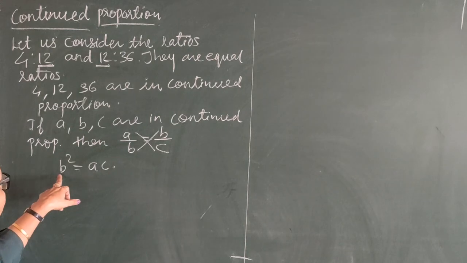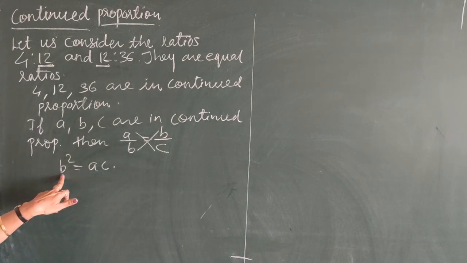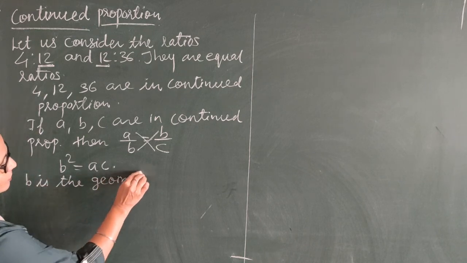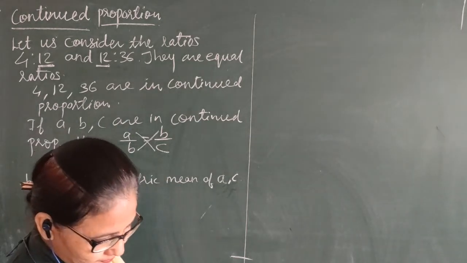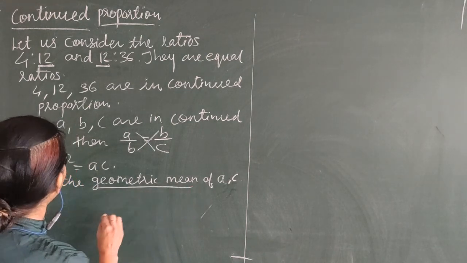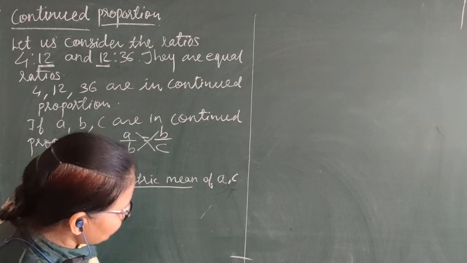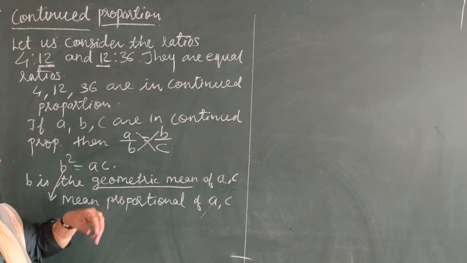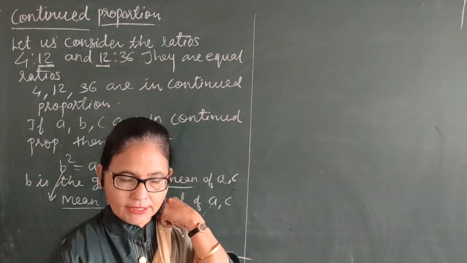Also, you can say that B is the geometric mean of A and C. And this geometric mean is also called the mean proportional of A and C. So continued proportion, geometric mean and mean proportional are all one and the same thing.